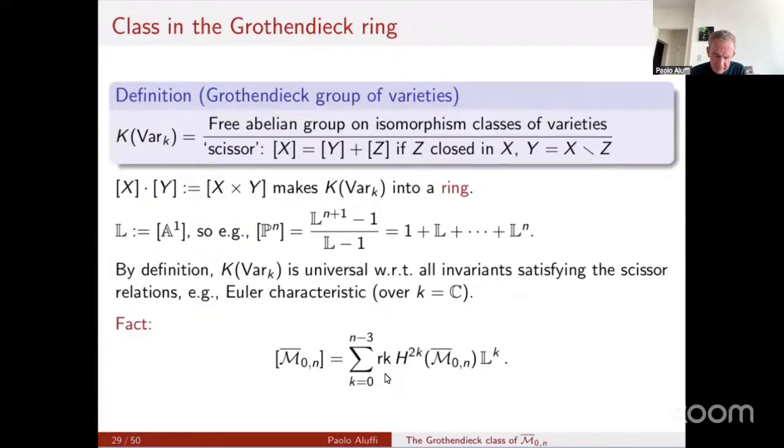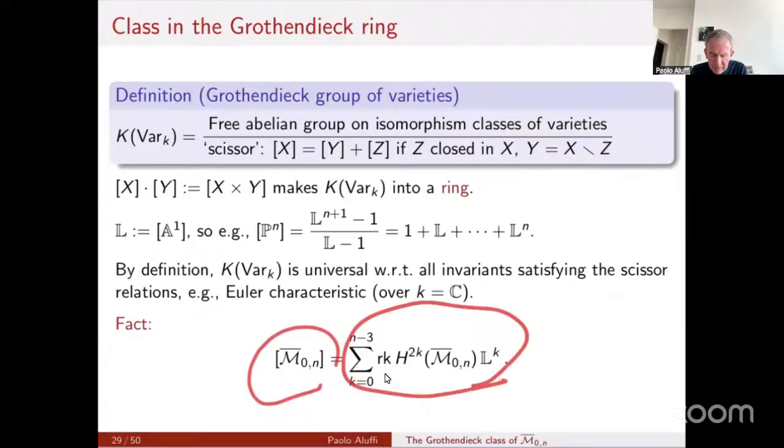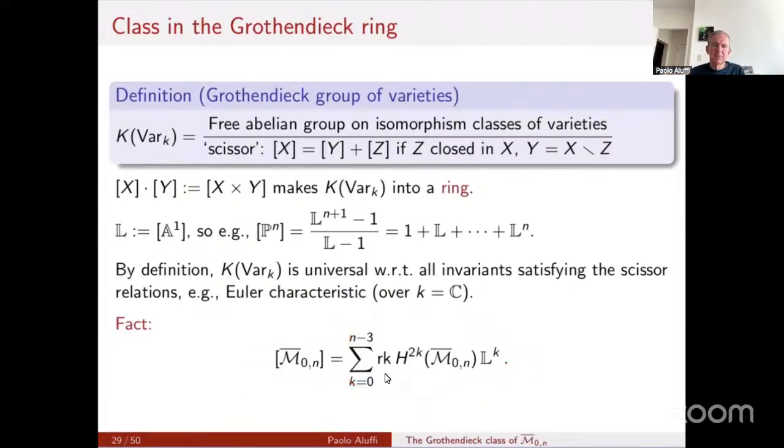Now, the fact that Keel showed in his paper is that the class in the Grothendieck group of M0,n bar is this. I mean, he doesn't phrase it in terms of Grothendieck classes, but this is a consequence of what he does. So it's just a polynomial in the class of the affine line. The coefficients are the Betti numbers. And by the way, again, if you know this, you know it.